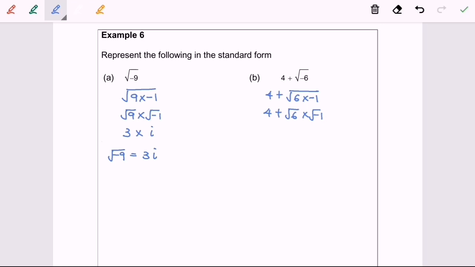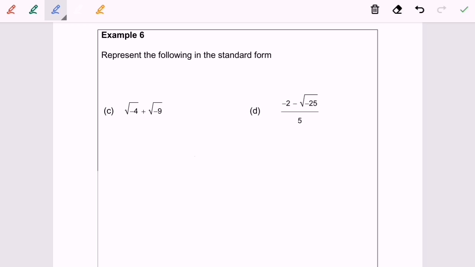So we can simplify it to become 4 plus the square root of 6 multiplied with i. So finally, 4 plus the square root of negative 6 is equal to 4 plus square root of 6 i. 4 plus square root of 6 i is a complex number.